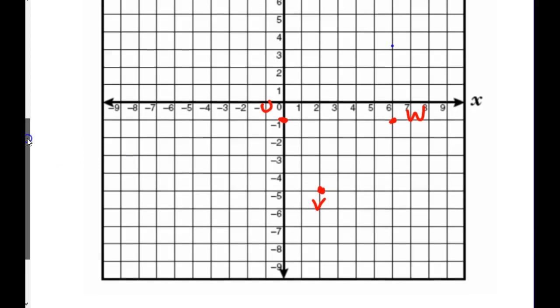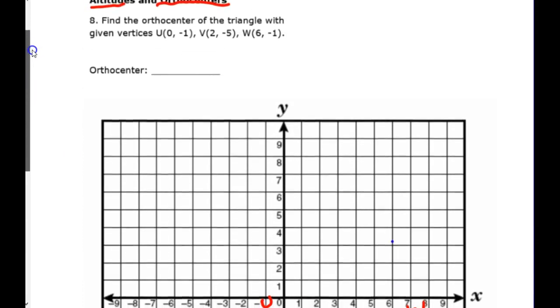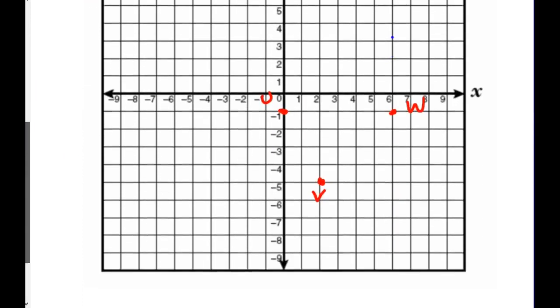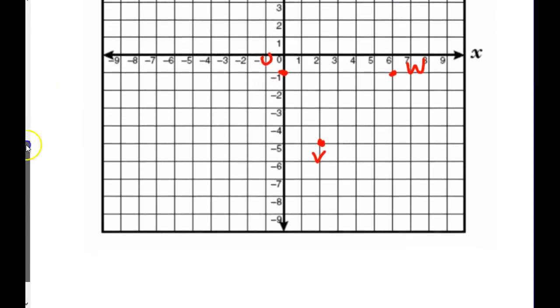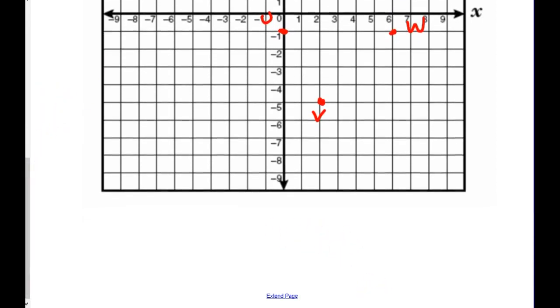Now, for all these, I'm supposed to find the orthocenter. So let me connect these, and we'll do it the way we did in our notes. So from U to V, V to W. All right, so we're going to find these slopes. We're doing slopes over here, just like our notes.